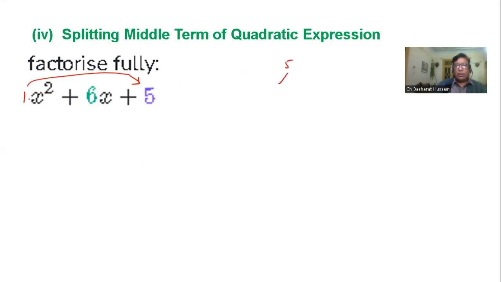Now we are going to make factors of 5 in such a way that when we add them, we get the middle term. What are the factors of 5? As 5 is a prime number, it has only two factors, 1 and the number itself, 1 and 5. When you add 1 plus 5, you get 6, which is the middle term.